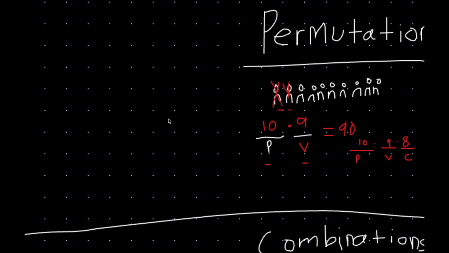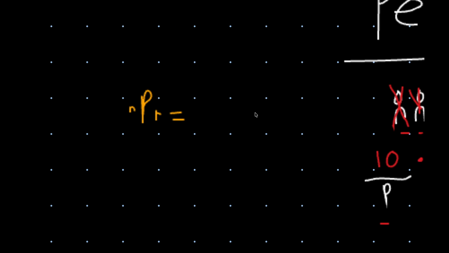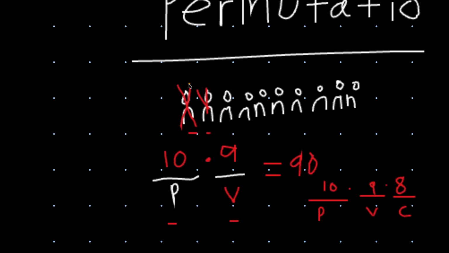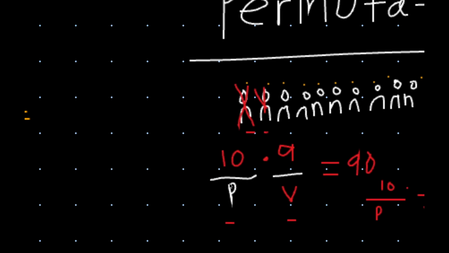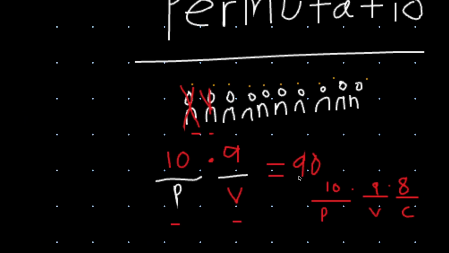So the general formula for this is, for the notation, nPr is, where n is the total number of objects, like the total number of students, etc. And the r is the amount of slots that are chosen.